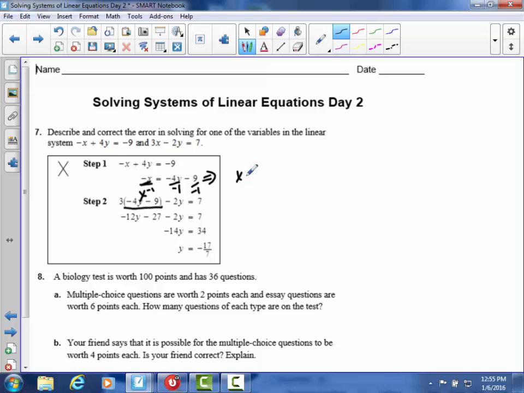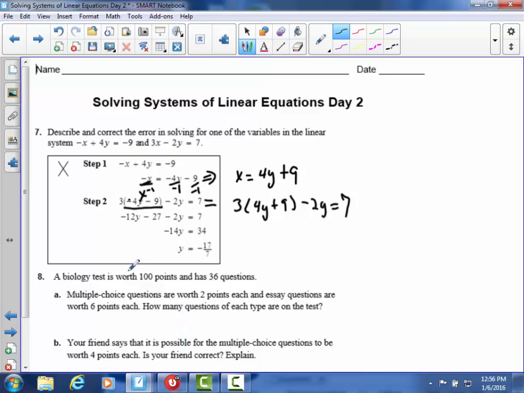So that would be x equals 4y plus 9. And then this would become 3 times 4y plus 9 minus 2y equals 7. Okay, so you need to go ahead and finish correcting their steps from there.